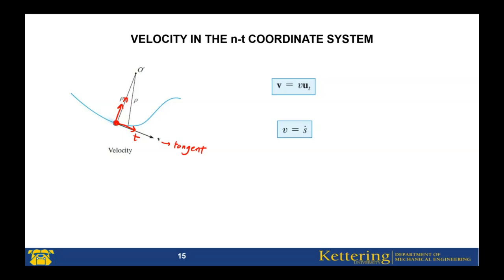We know the direction, and the magnitude of velocity, or speed, can be found using s dot. If you remember in the previous slide, I explained that along the curve from one origin, we can find the position or distance using s along the curve. If we measure the change of s with respect to time, this will be the speed, or the magnitude of velocity.